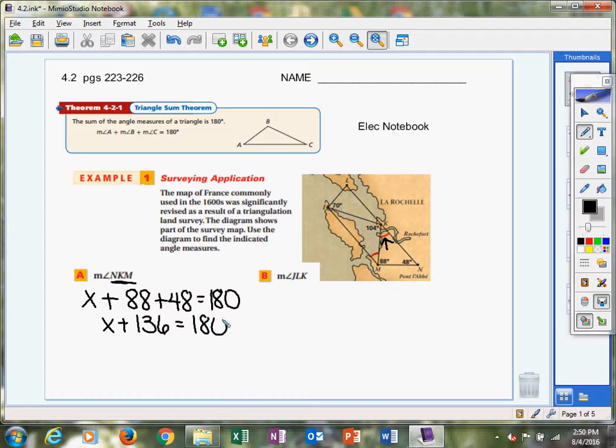And then we'll do a one-step equation. We'll take away 136 from each side, and we'll figure out, okay, it looks like this angle is 44 degrees, okay? So NKM is 44 degrees. Let me get my eraser out, and we'll go ahead and put that on our chart here, that this is 44 degrees.